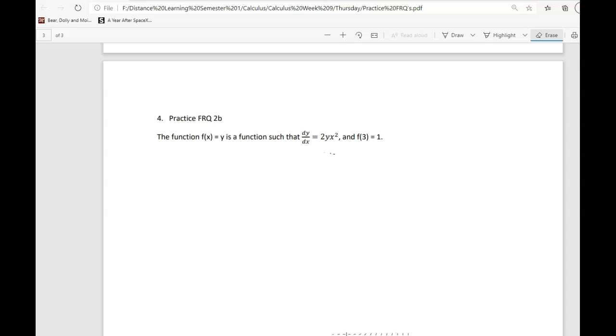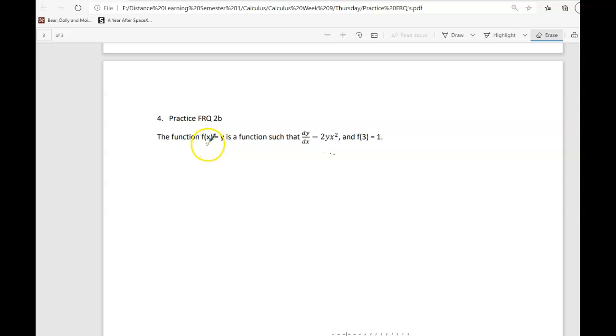So first thing we do is, and once again, hopefully you guys have tried this one on your own before you started watching this video. It's kind of important. So the first thing you want to do is start getting the variables on the same side. Isolate the variables. So I'm going to multiply both sides by dx, and then I'm going to divide both sides by y.